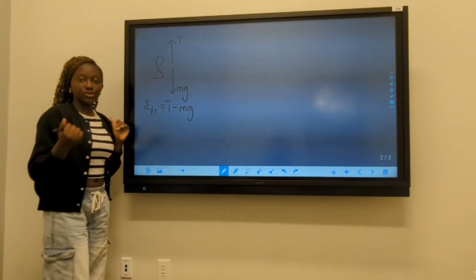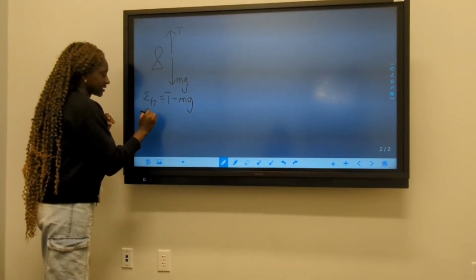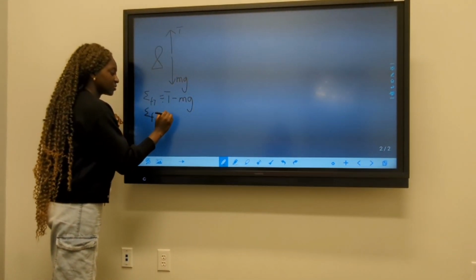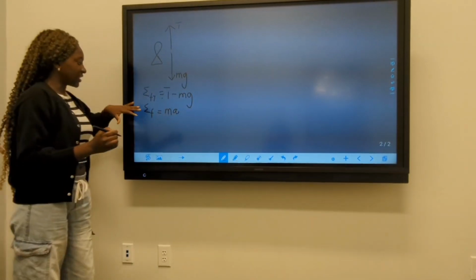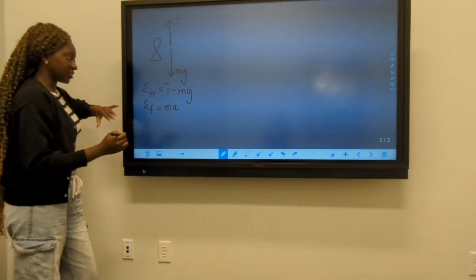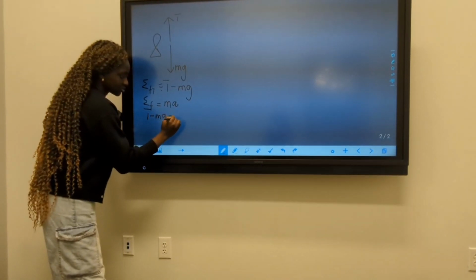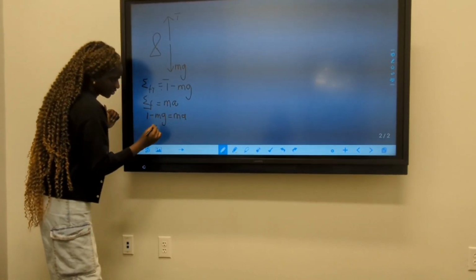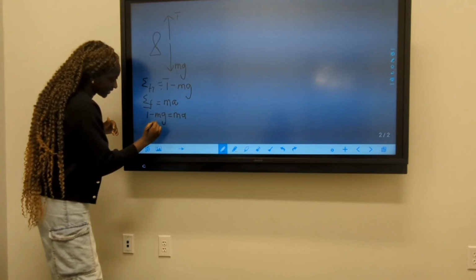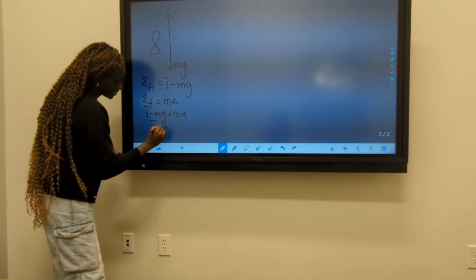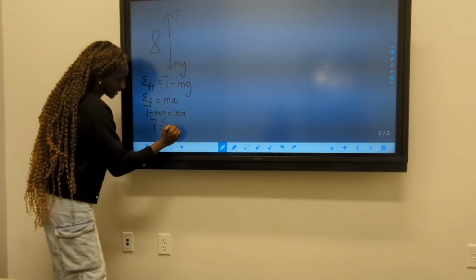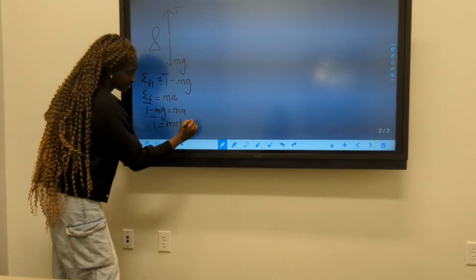But we also know from Newton's second law that summation of F is equal to ma. So we can equate both these equations. So we have T minus mg equals ma. You make T the subject here by taking mg to the other side. So T is equal to ma plus mg.